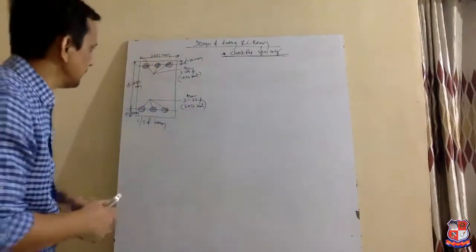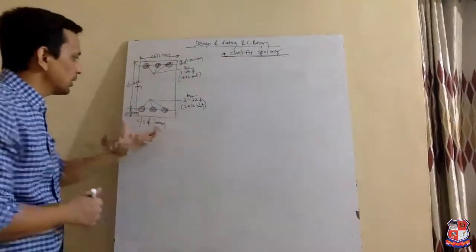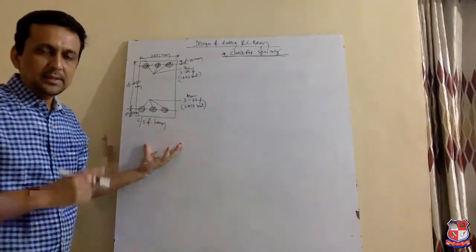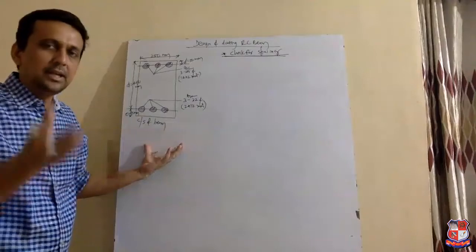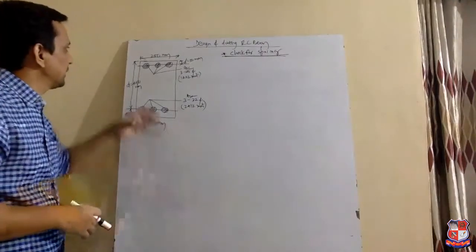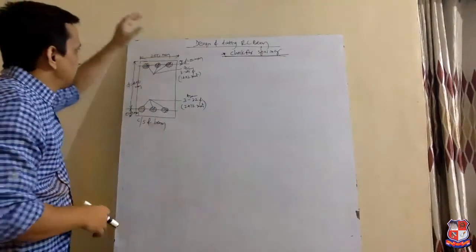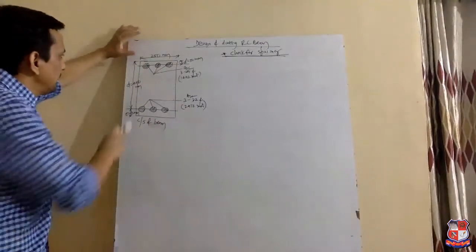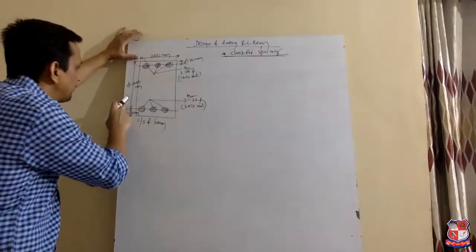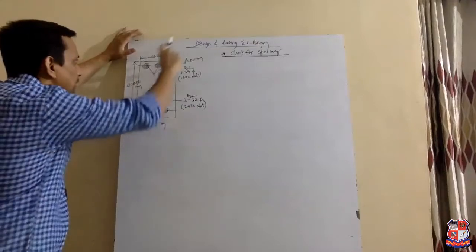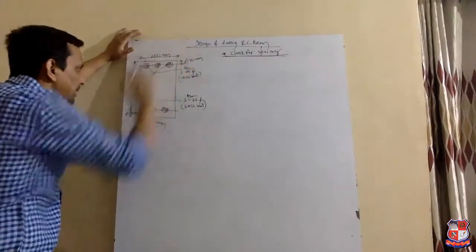So I have already drawn the cross section of the beam that we designed in the previous lecture. The width of the beam was 250 mm, effective depth was 450 mm, effective cover on both sides was 50 mm.